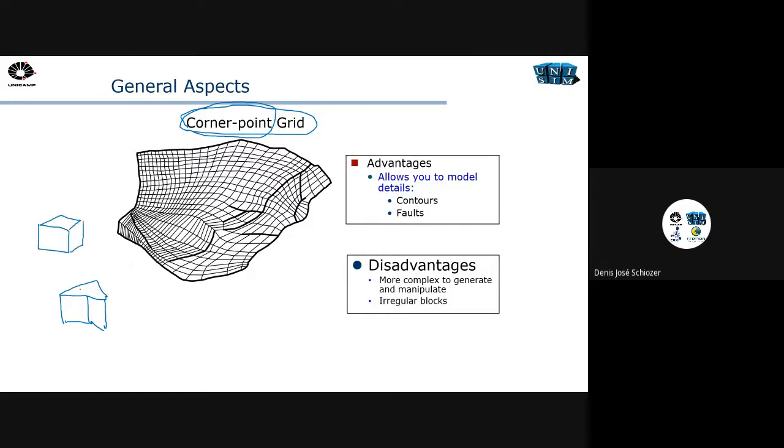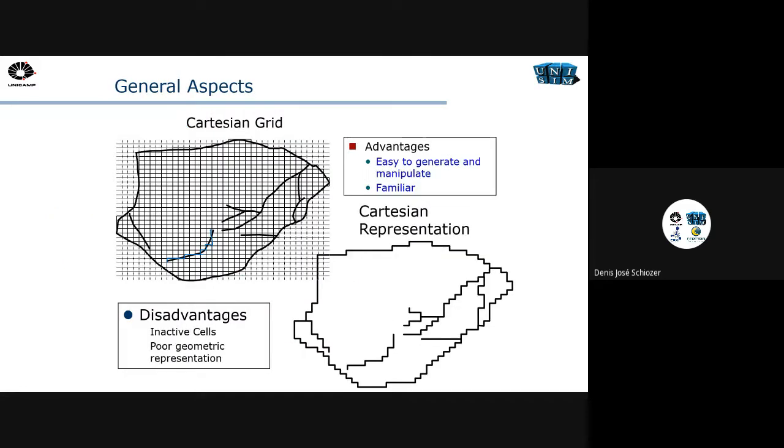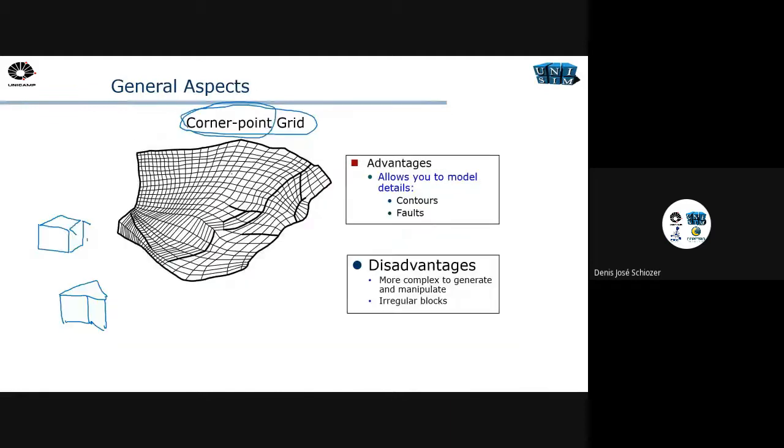But for a corner point, I can move these corners to other points and make the block not so regular, so it's irregular, and it follows, more or less as precisely as possible, our boundary conditions and the faults in the reservoir. So I'm trying to represent this reservoir using this corner point approximation.